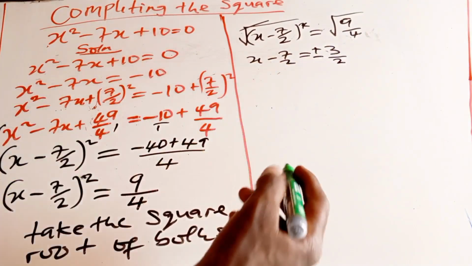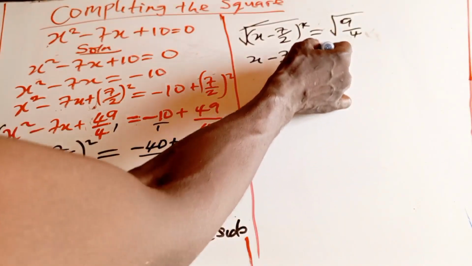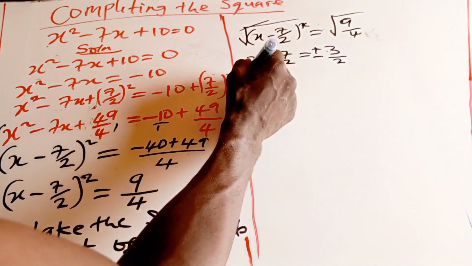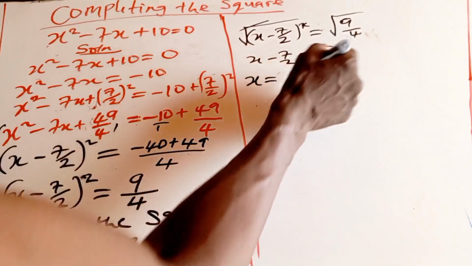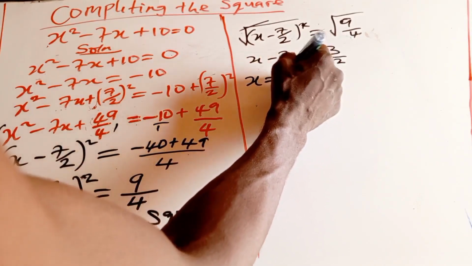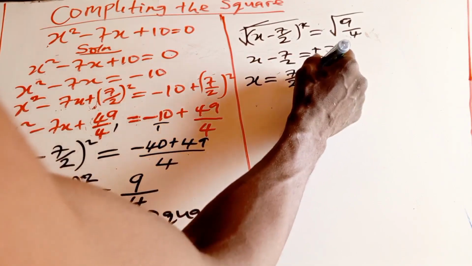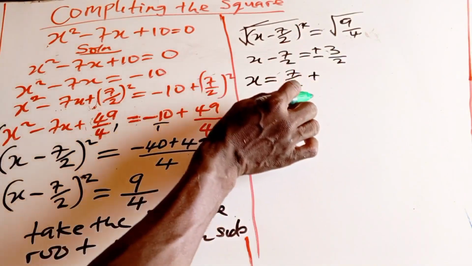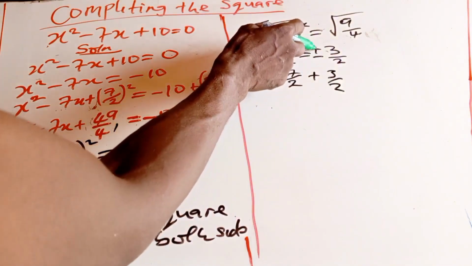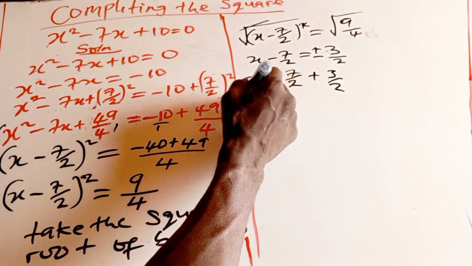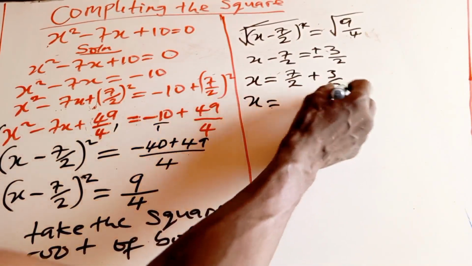Now we are going to solve it for the two signs. We have x is equal to, when taking this one to the right hand side, 7 over 2. We start with the plus sign, plus 3 over 2.